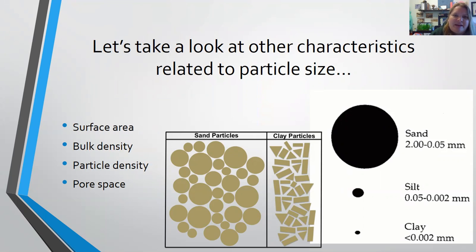Also, a lot of the times we make assumptions that the soil particles are round, and that makes it easy for using a lot of the calculations we have. But in reality, sand might be round or close to round, and clay is typically more platey or more linear, not quite round, but we still treat it as round so that we can use these calculations.